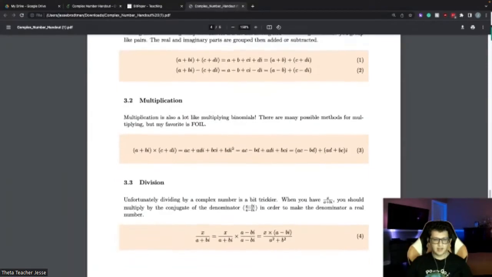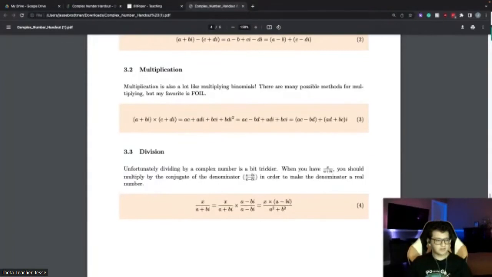Okay, and last but not least of our operations, we're going to divide, which does get a little bit trickier because we want to rationalize the fraction here. We know that multiplying by a conjugate of a complex number is going to give us a real number. And we also know that multiplying by 1 doesn't change a fraction. So if we have x over some complex number, we're going to multiply it by the conjugate over the conjugate.